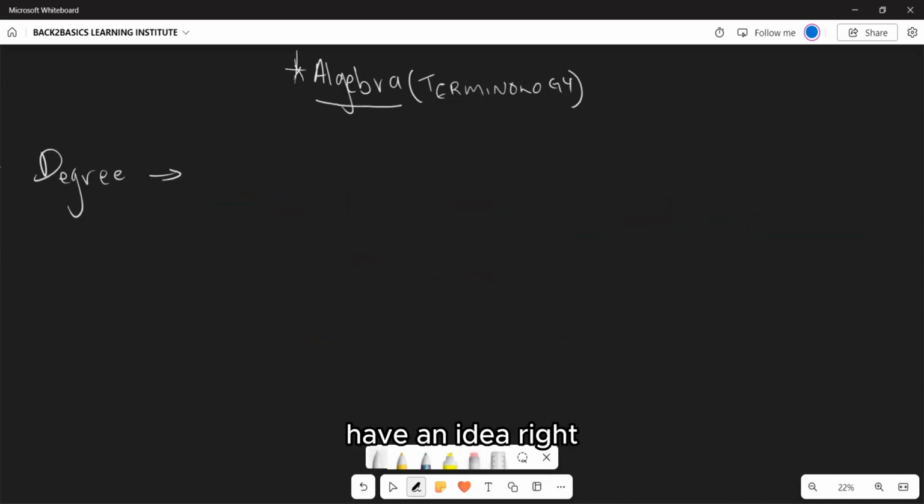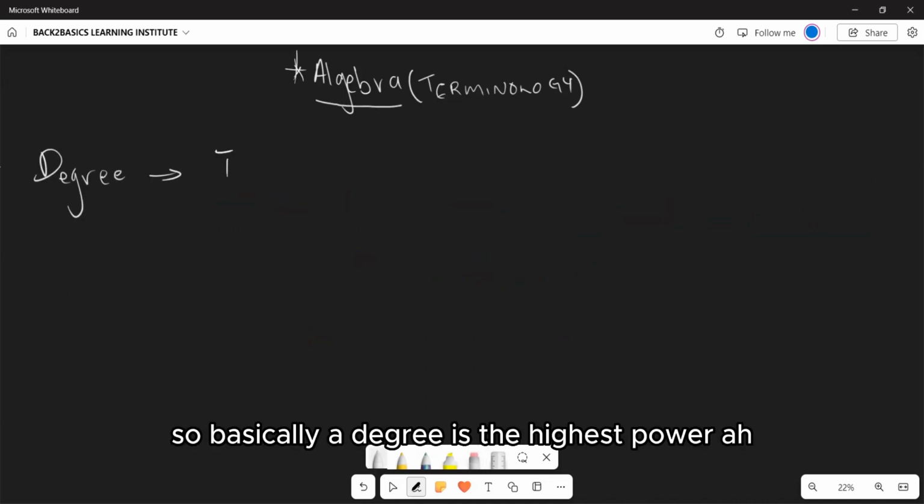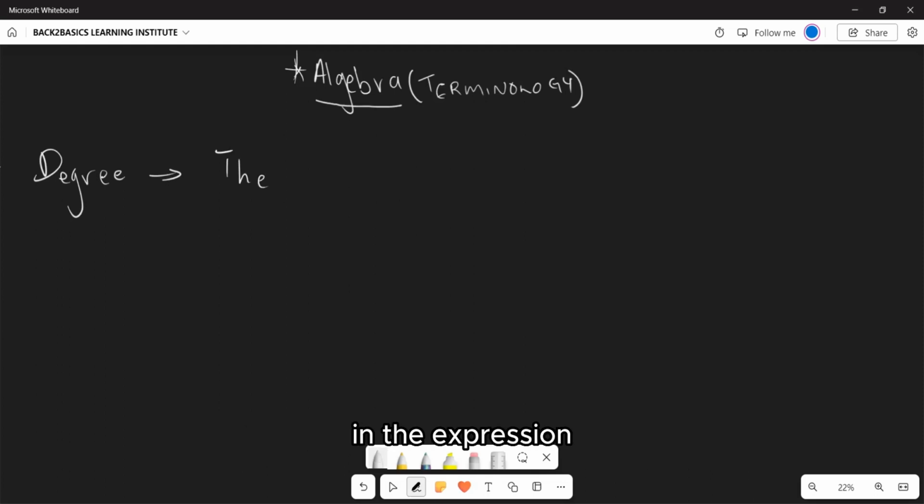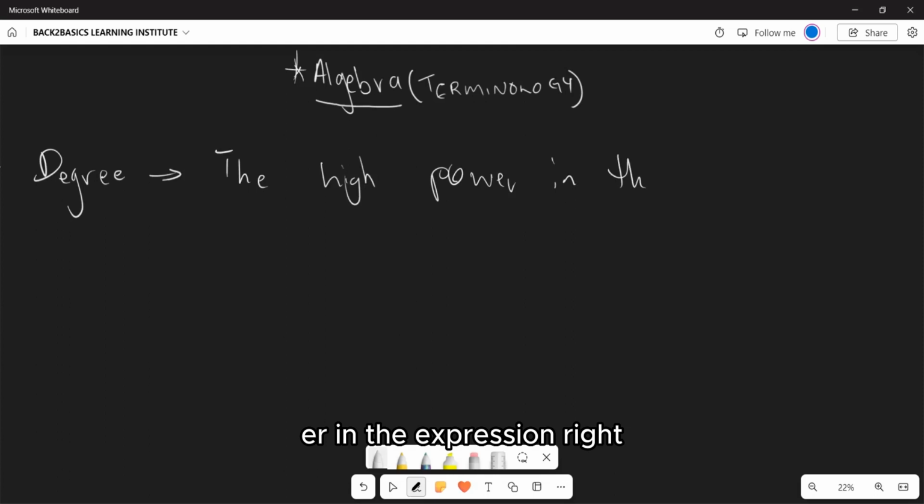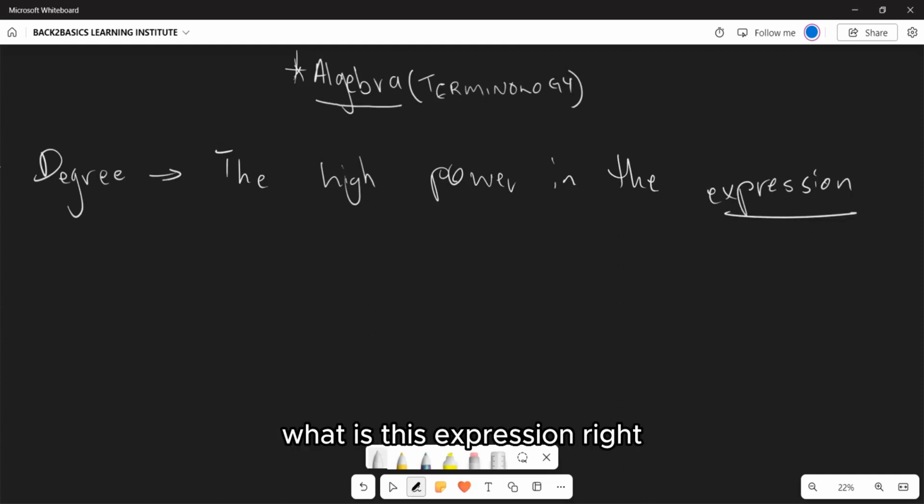You don't have an idea, right? So basically, a degree is the highest power in the expression, right? I know some of you will want to understand what an expression is.